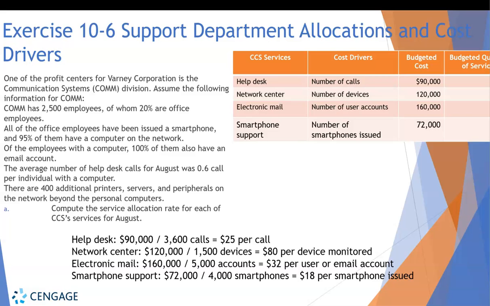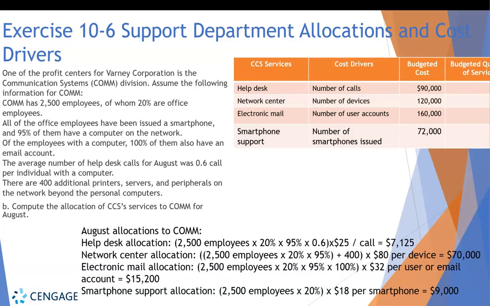Electronic mail, $160,000 at 5,000 accounts is $32 per email account. And then for smartphone support, $72,000 for the cost at 4,000 smartphones gives us $18 per smartphone.